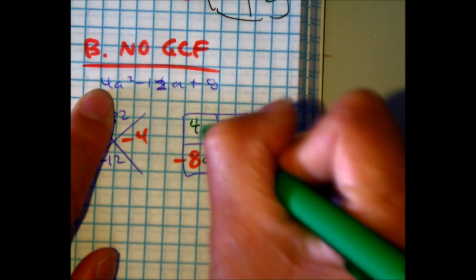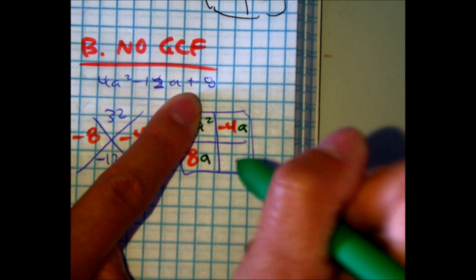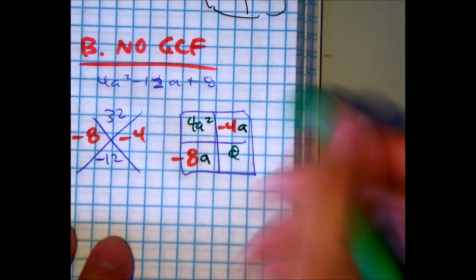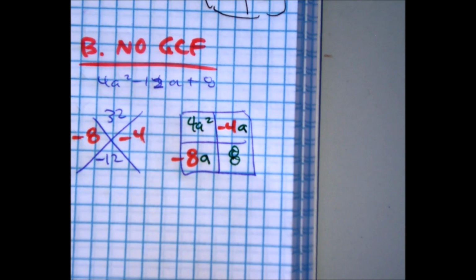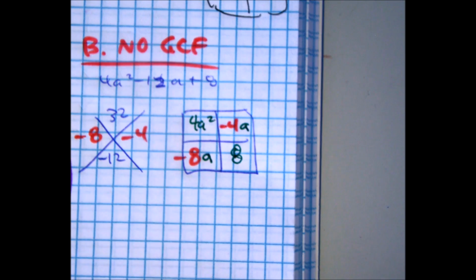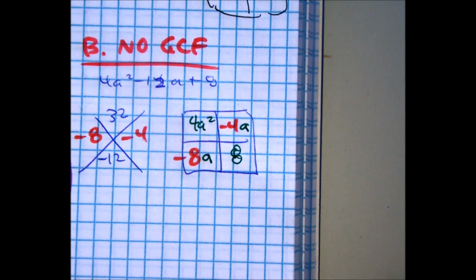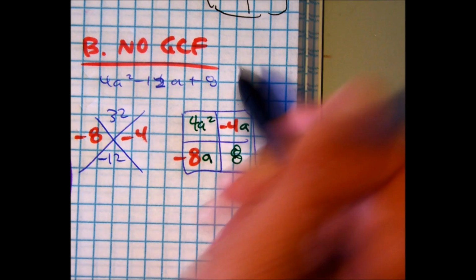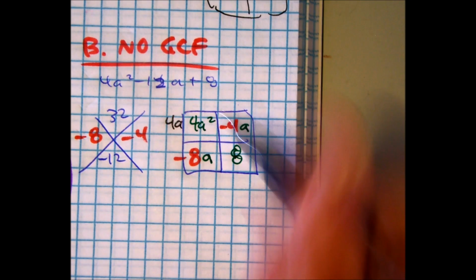First term is 4a squared. Class, what's the GCF? Well, none of these could be negative. So if you're doing this, never have negative. So 4a.